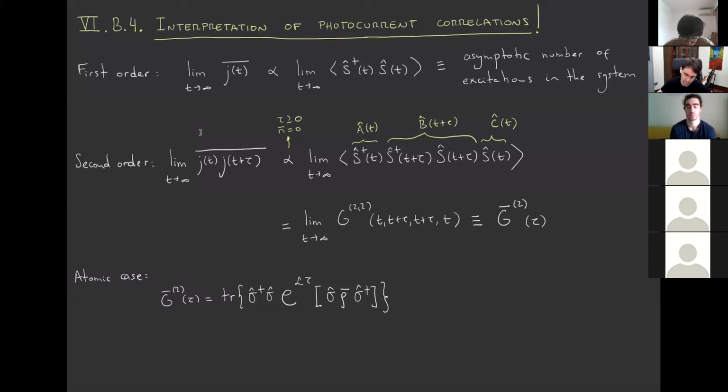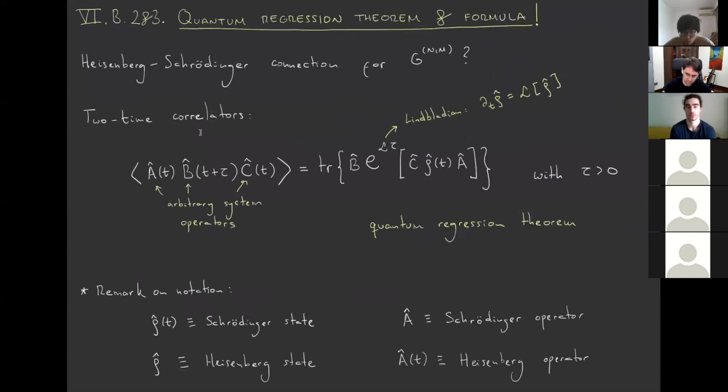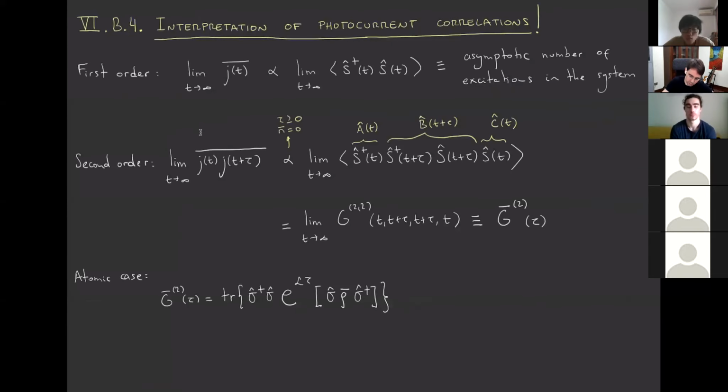Now, maybe just to make sure, remember this kind of two-time correlation function with A, B, C, it's equal to this kind of Schrodinger picture object. So in particular, here we have it for the asymptotic time, when this is the steady state, and then applied to the situation in which A is sigma dagger, B is sigma dagger sigma, and C is sigma, then we get this expression.